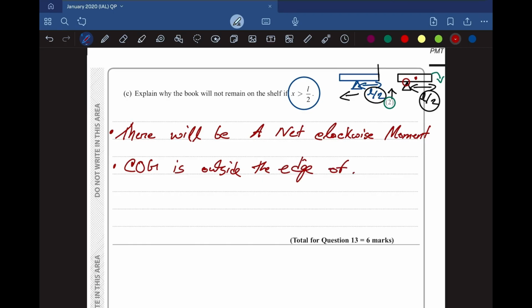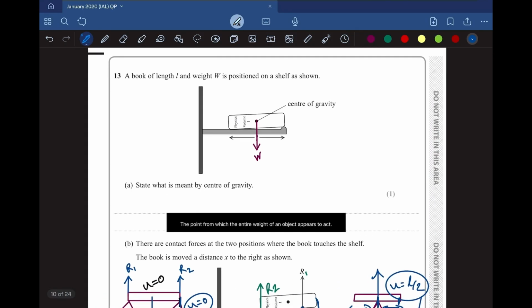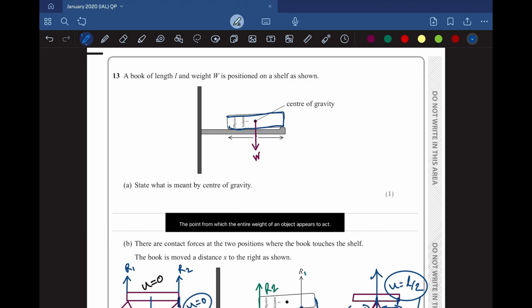Now in this second line, you might have a question about how this is the edge of the shelf. This can be explained from this picture actually, because if this book is right here, its center of gravity is right there, right?